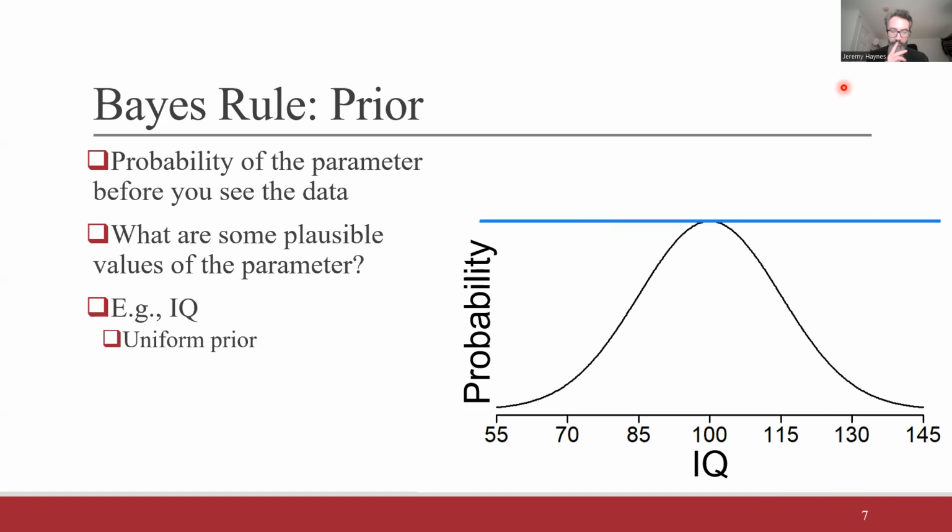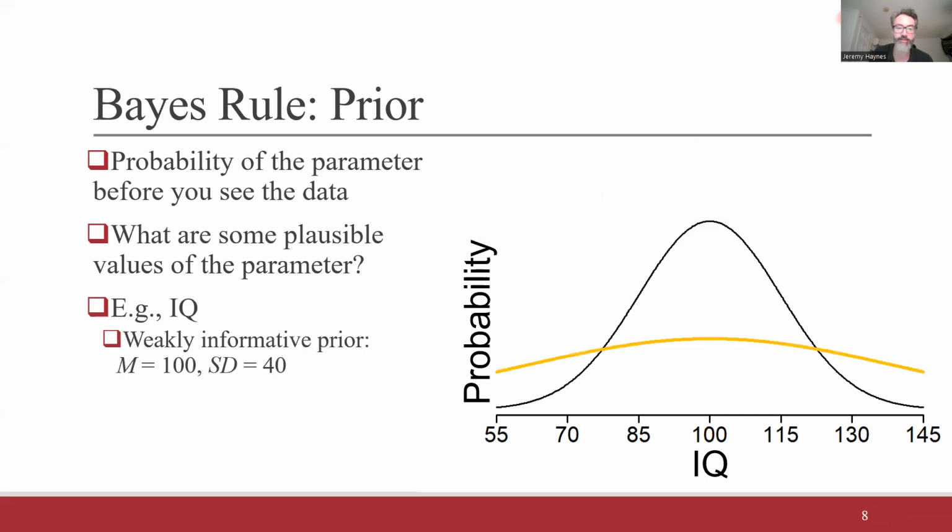And we can incorporate even just a little bit of this idea that an IQ score of 100 is at least a little bit more probable than an IQ score of 55 by just setting a weakly informative prior. So here in yellow, I have a normal prior with a mean of 100 and a standard deviation of 40.